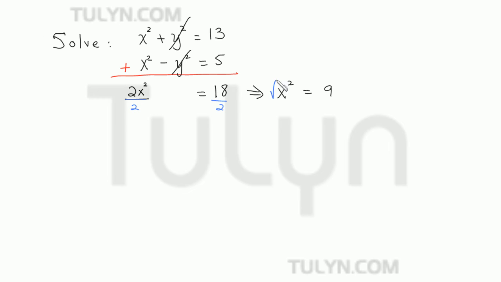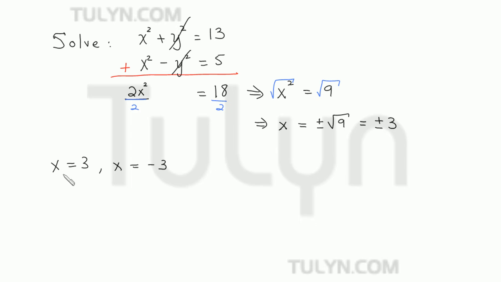And then if we take the square root of both sides, what happens on the left is that we just get x, and then on the right we get plus or minus the square root of 9, right? So this becomes plus or minus 3. So now we have two solutions for x, namely x is equal to 3 and x is equal to negative 3. But since this is a system of equations in two variables, we also have to solve for y.